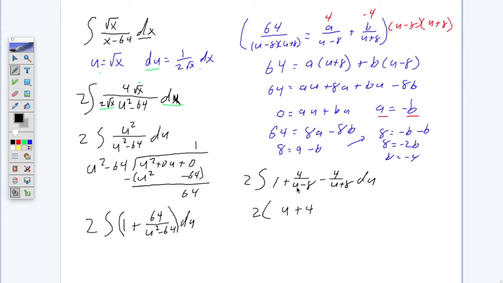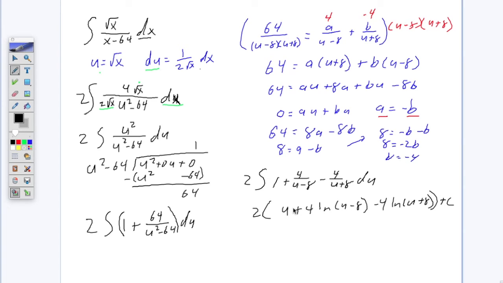The integral of 1 over u minus 8 is the natural log of u minus 8, minus 4 natural log of u plus 8, plus C. Multiply the 2 through.